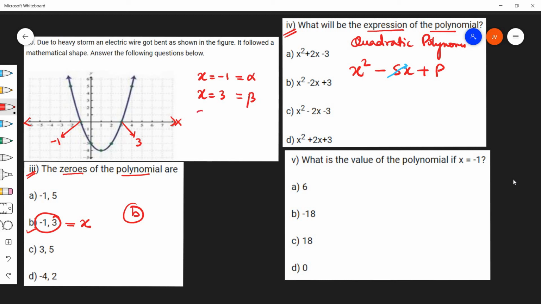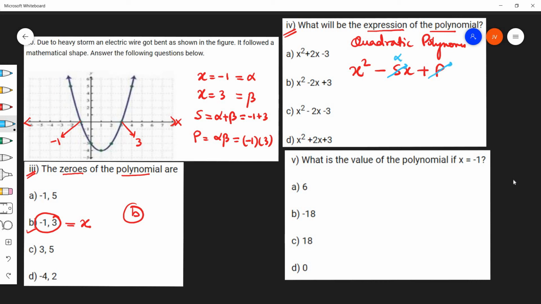Then s is the sum of zeros, alpha plus beta, and p is the product of zeros, alpha into beta. The sum of zeros is -1 plus 3, and the product of zeros is -1 into 3. These values have to be put in the expression x square minus sx plus p.